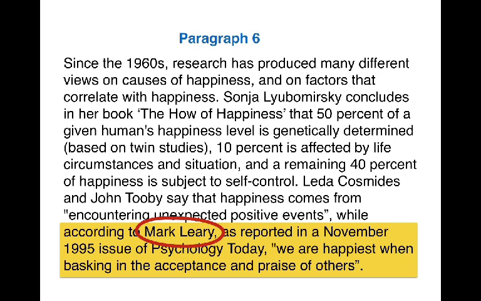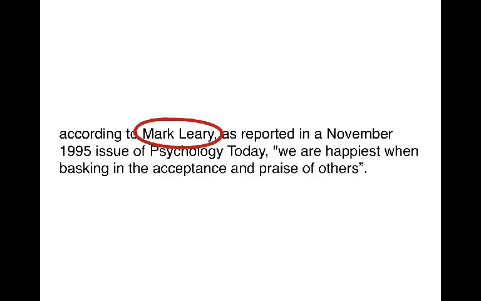So the part about Mark Leary starts with the word "according to." Let's look at this part in more detail on its own. "According to Mark Leary, as reported in a November 1995 issue of Psychology Today, we are happiest when basking in the acceptance and praise of others." That's the only information we have in the whole passage about Mark Leary.